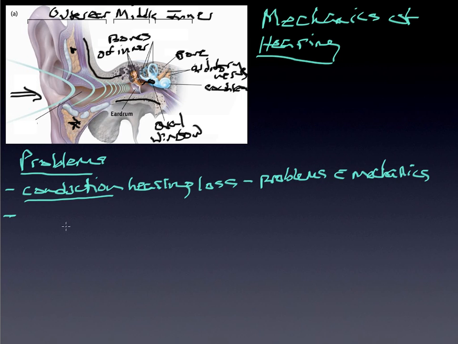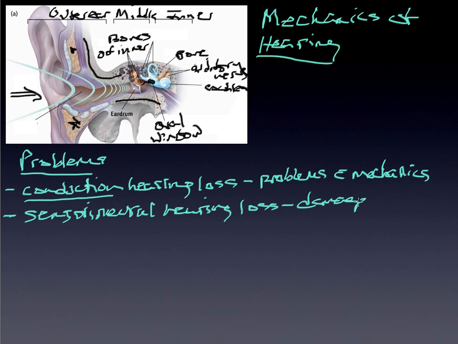The other kind of hearing loss we typically hear about is the sensory neural hearing loss, and that's actual damage to the nerve cells or to the hair cells. So damage to nerve cells that are associated with the cilia or the hair cells themselves in the cochlea.